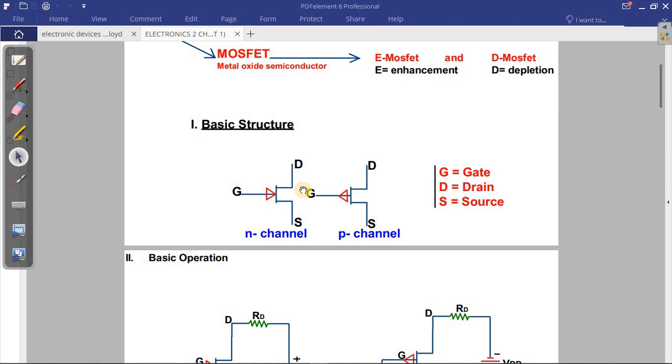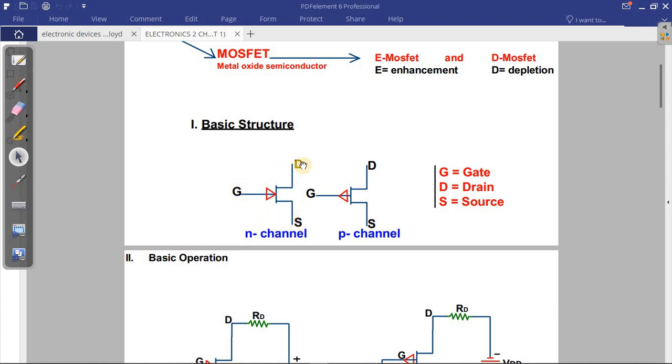Like in the BJT, if you remember, in Electronics 1 or Electronics 2, chapters 6 and 7 were talking about the bipolar junction transistor. In the JFET we also have three terminals: gate, drain and source.